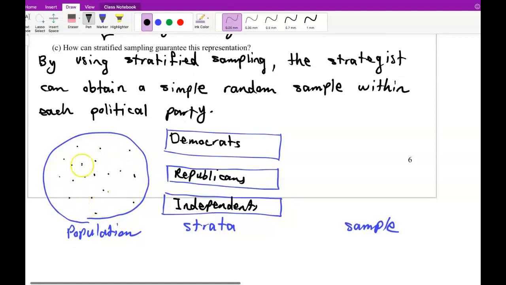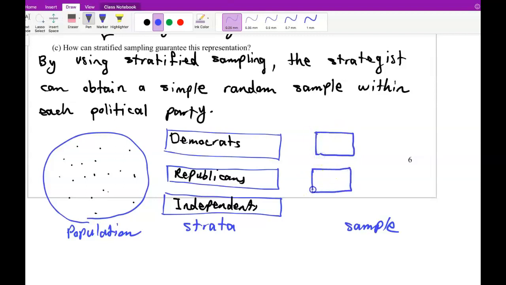So what that means, depending on how many individuals we have here, we divided this population by 3. We don't know how many we have in each group, but when we are selecting our sample, let's say from each one, we select the same number of individuals.